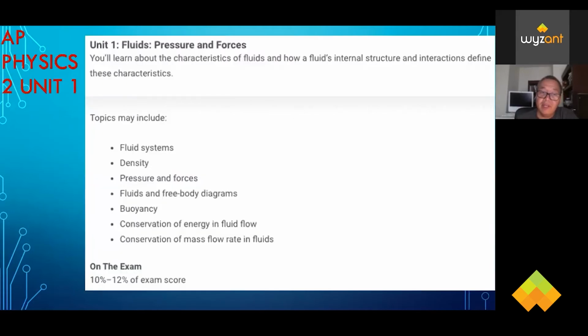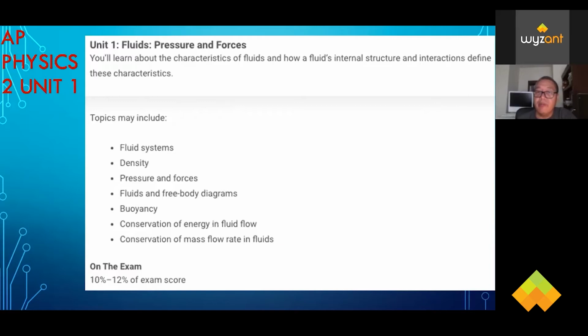Now, here are the details. Say Unit 1, that's fluids, pressure, and forces. In this one, you learn the characteristics of fluids and how a fluid's internal structure and interactions define these characteristics.